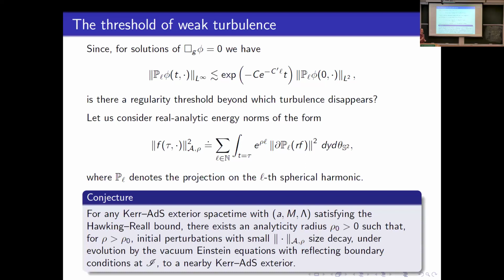So solutions should decay to some nearby Kerr-AdS family. And I claim that this might explain what Kramp and Santos saw in their numerics, because what this says is the following. Suppose that you have an initial perturbation which is of size epsilon, but very localized in frequency.